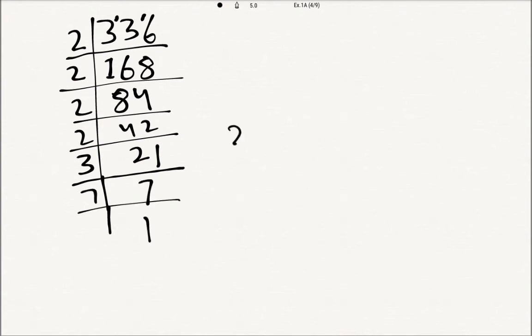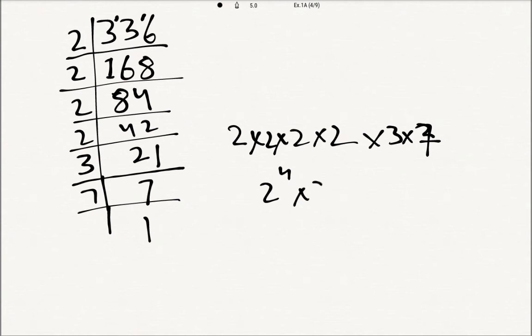So 2 multiplied by 2 multiplied by 2 multiplied by 2 multiplied by 3 multiplied by 7. So 2 raised to power 4 multiplied by 3 multiplied by 7 is the required answer.